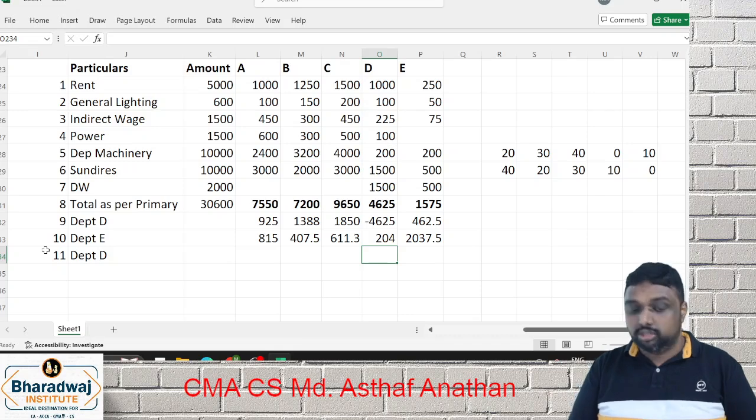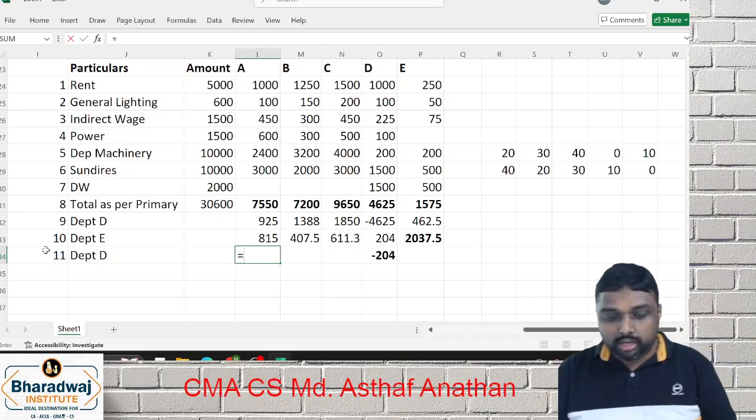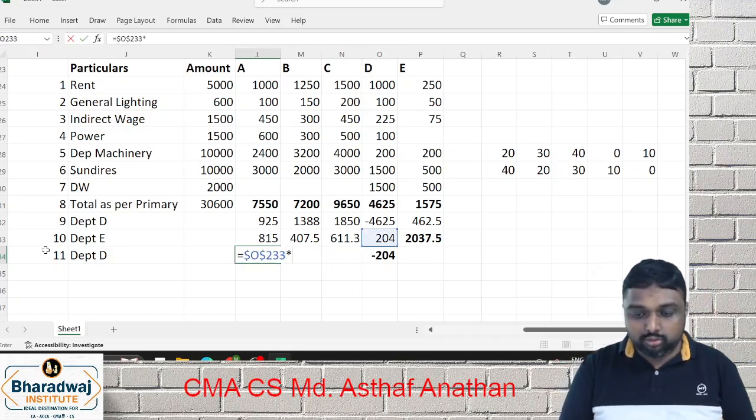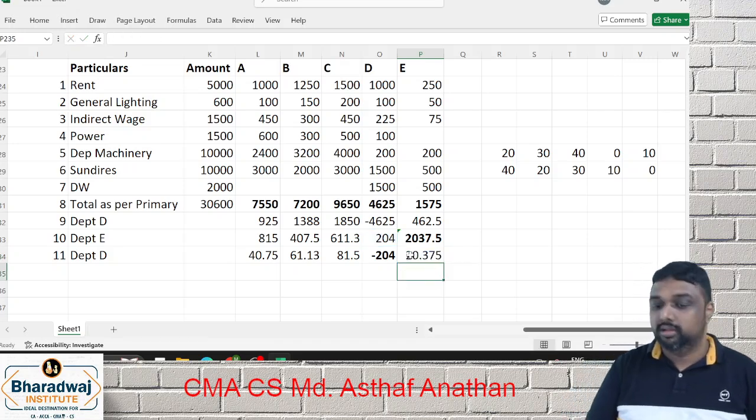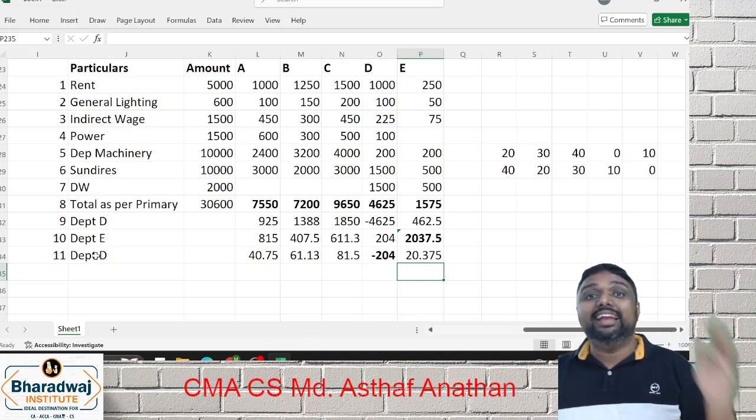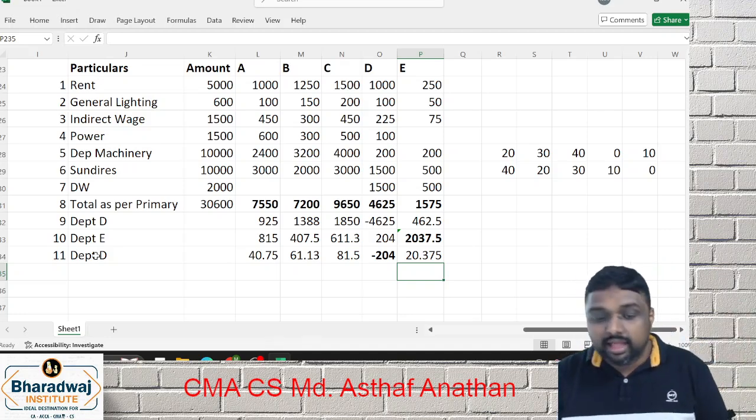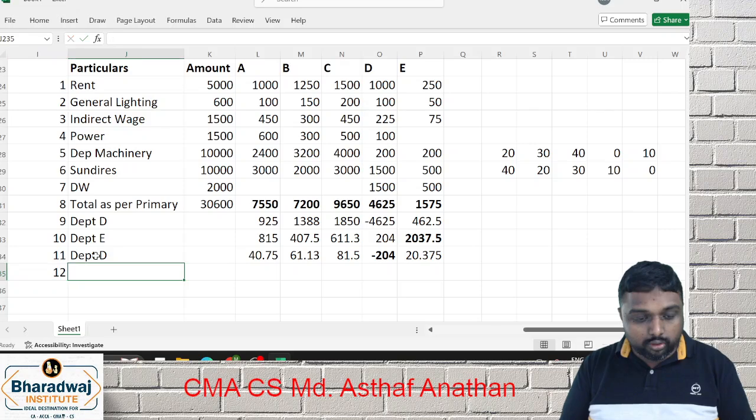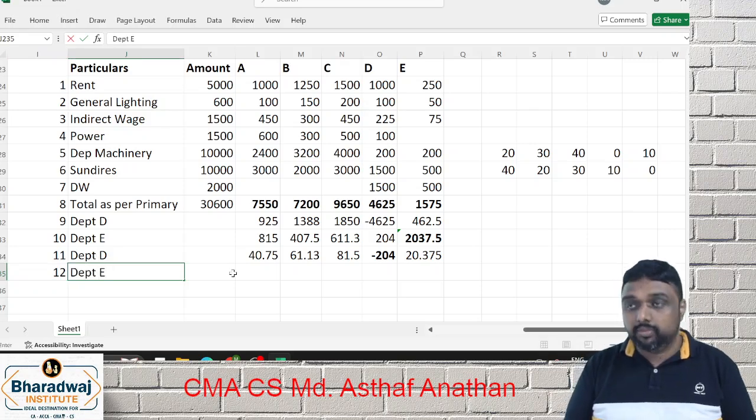Now what you have to do is apportion this 204 in the same ratio again. See, how interesting. You have to keep going until it reaches a negligible amount. Hope you are able to understand.